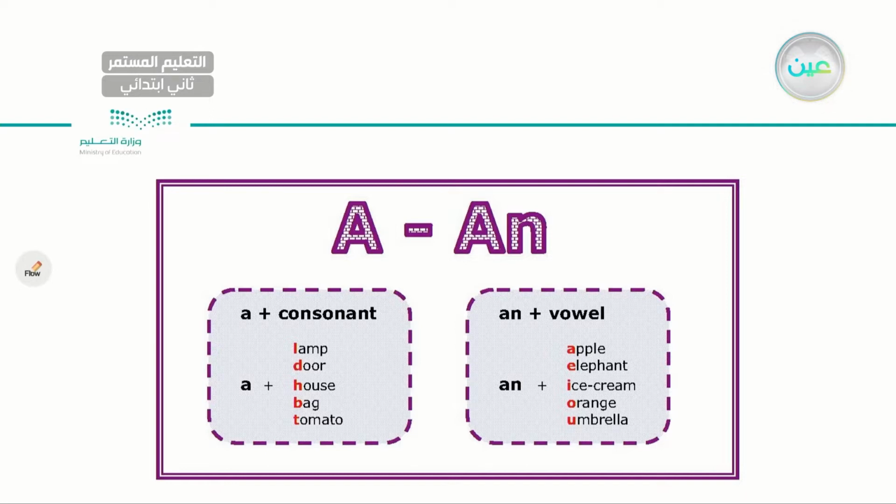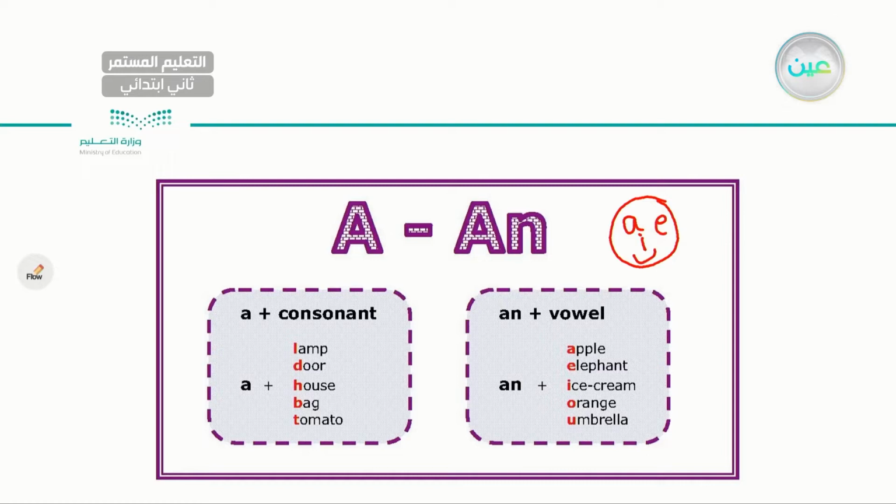Moving to the next part, I have also singular items, but they are starting with a vowel. What are the English vowels? Let me draw that face one more time. What are the English vowels? So I have an O, okay, and then I have an A, E, I, and U. These are all the English vowels.